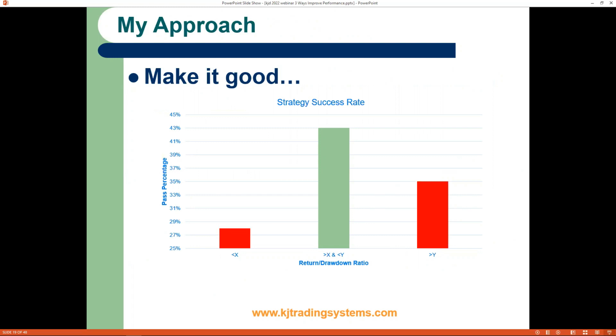But what I saw was if the return to drawdown ratio, so what that measures, first, let me back up. What that measures is how much risk basically you have for a certain return. So let's say for every $2 of return, you have $1 of drawdown, then your ratio would be 2. And that's pretty good.